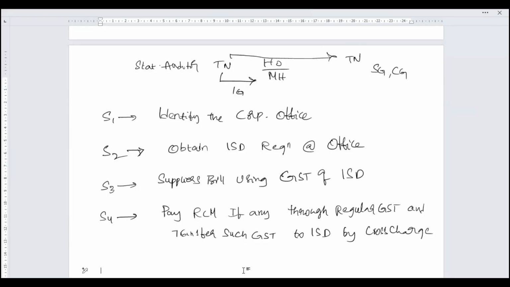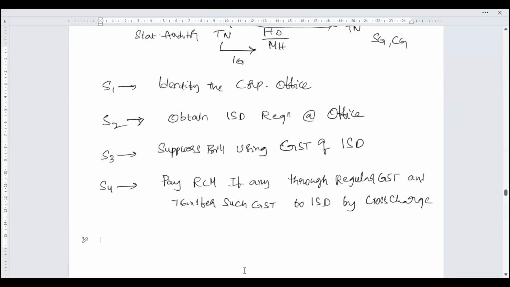Law says that there could be reverse charge mechanism, could be for your free transportation, could be for import of service. Sir, I have imported Microsoft license. When I imported, I need to pay tax under reverse charge. So they say you pay through regular GST by cross charge transferred to ISD because that's the common office.